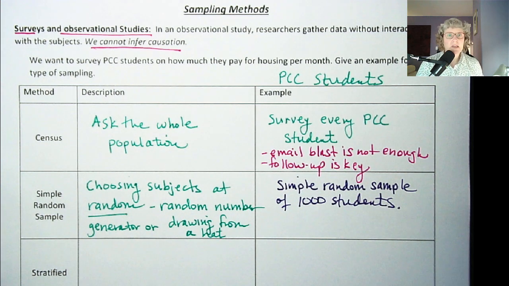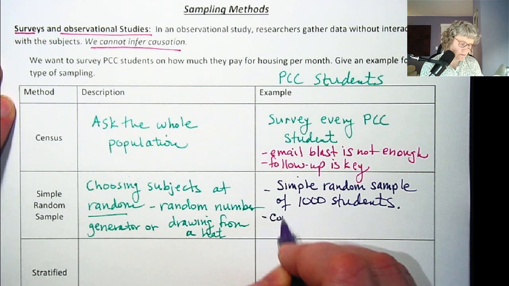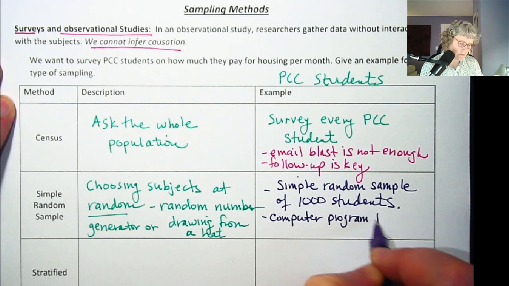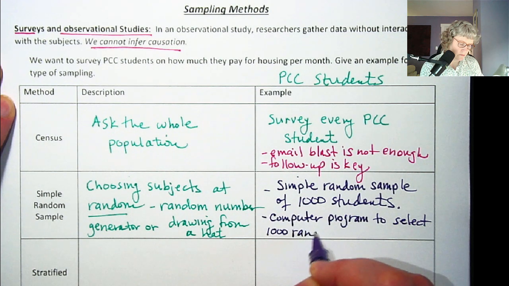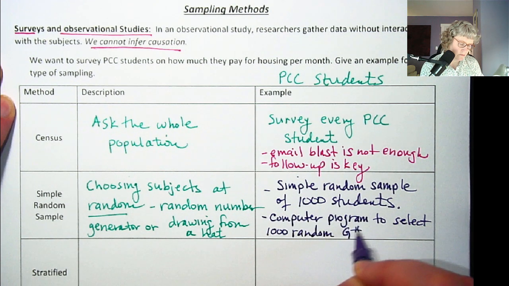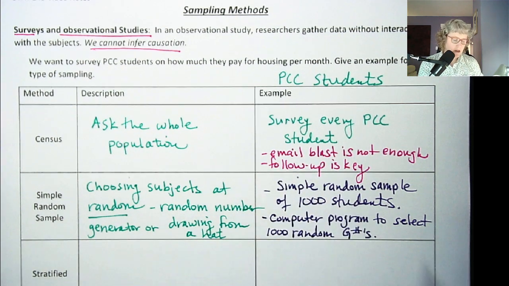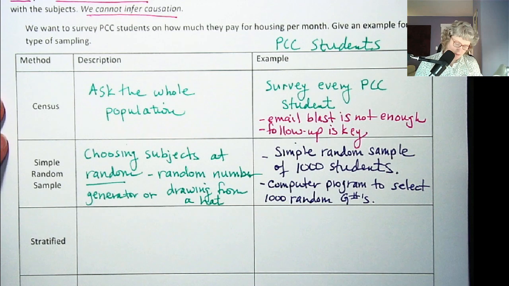We might write a computer program to select 1,000 random G numbers. And then we would send a survey to those students or contact them by phone. Again, follow-up is key to make sure we get all of those students who were selected. I won't go into more depth on that.